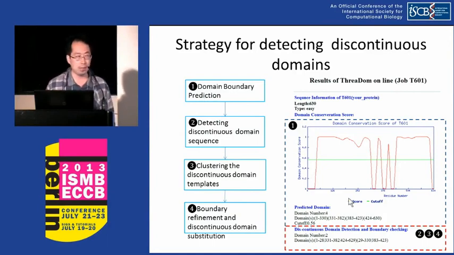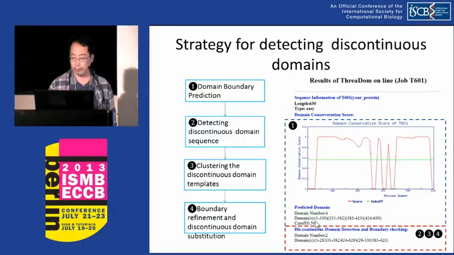Here is an example. This sequence is submitted by a user to the web server of ThreaDom. Okay, this is the predicted result. This is the conservation score. If we give a cutoff, we have 1, 2, 3 cut positions.